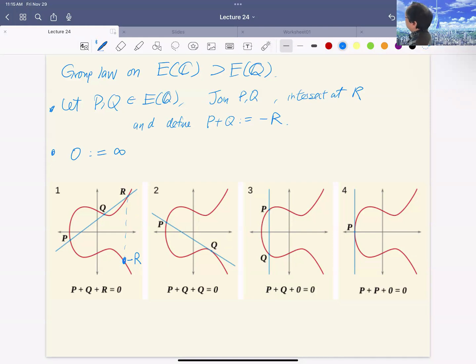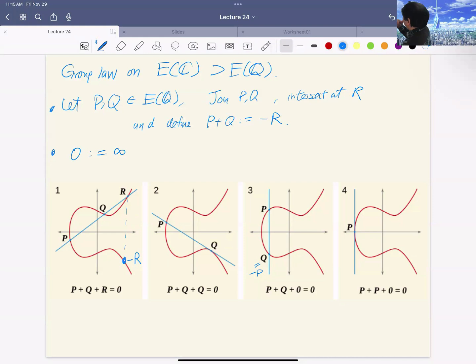We also call 0 the infinity, so that in this picture, for example, this is really minus P. P plus minus P, if they lie on the same vertical line, of course, there is no third intersection, and we just say that it intersects at infinity. So infinity will be the 0 of the abelian group.